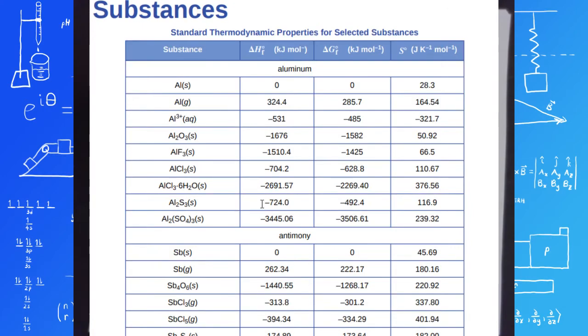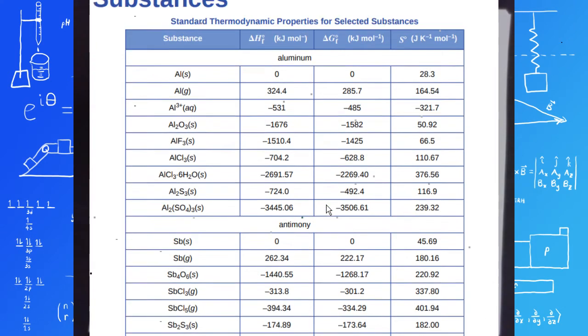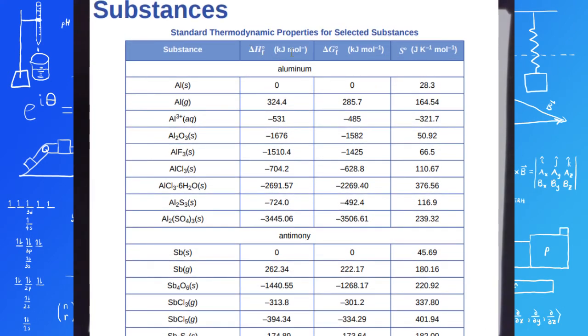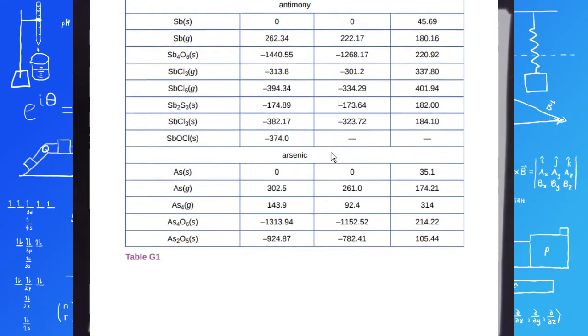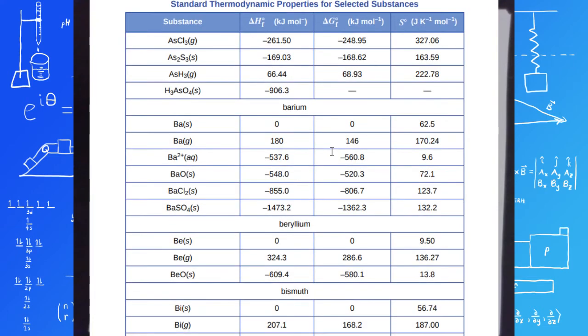Hopefully you can see this scrolling by, but just look at a chart like this. So you've got your heat of formation, your free energy of formation, we'll talk about this later, and your entropy values. And you can just look them up and perform whatever calculations are needed.